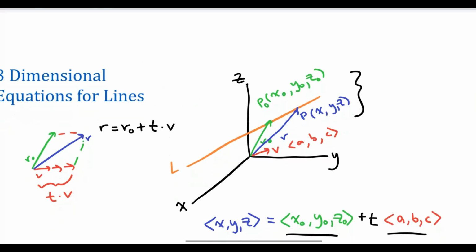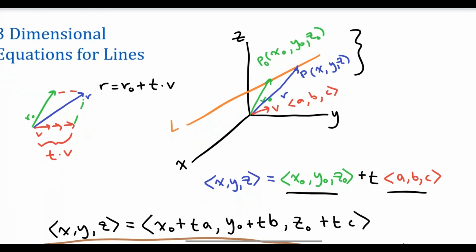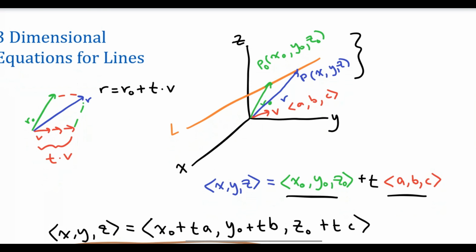Now if we plug in the values for each of r, r0, and v, we can use x, y, z for r, x0, y0, z0 for r0, and a, b, c for v. Then if we add the components together, we can get this equation.